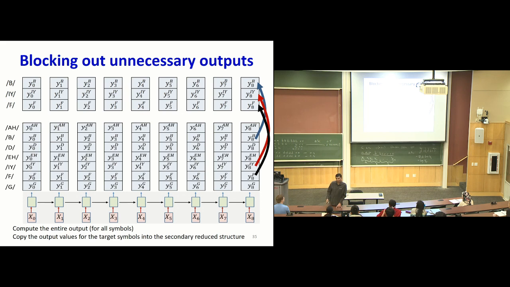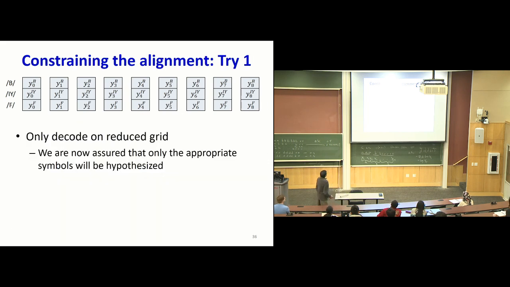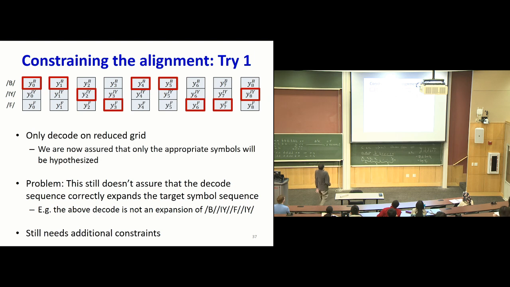Why not? I can get something like that, which could be completely off, right? BEEF B, BEEF B. Just restricting the rows is not enough, right? What more could I do?